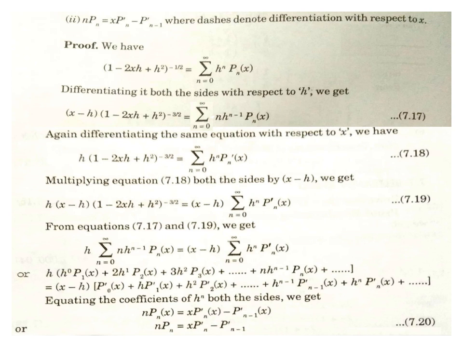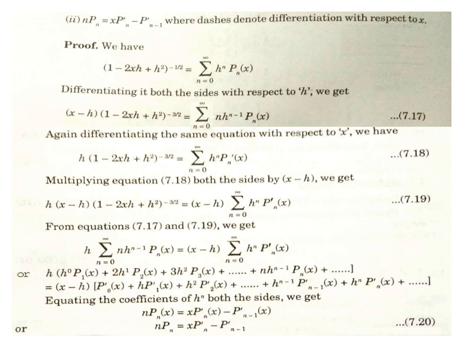We are again starting the derivation with the same step which we utilized in the previous derivation of recurrence relation 1, and we are differentiating it with respect to h on both sides. Up to this it's very similar to the derivation of the first recurrence relation.